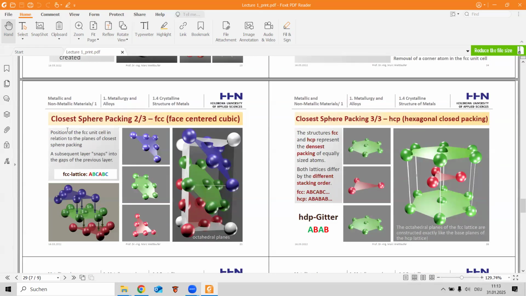The position of the face-centered cubic unit cell in relation to the planes of closest sphere packing. Each subsequent layer snaps into the gaps of the previous layer. Here we have an example of the ABC face-centered cubic lattice.